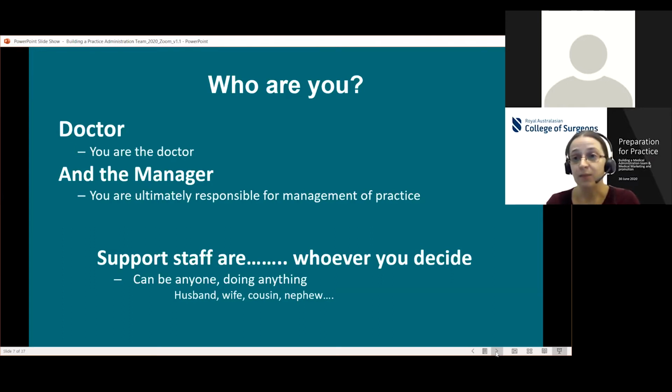You will need support staff of some kind, and really they can be whoever you decide. So it can be anyone doing anything. A lot of people might utilise family, husband, wives, cousin, nephews. Potentially that's okay if they are the right person to support you, if they've got the right skill set.